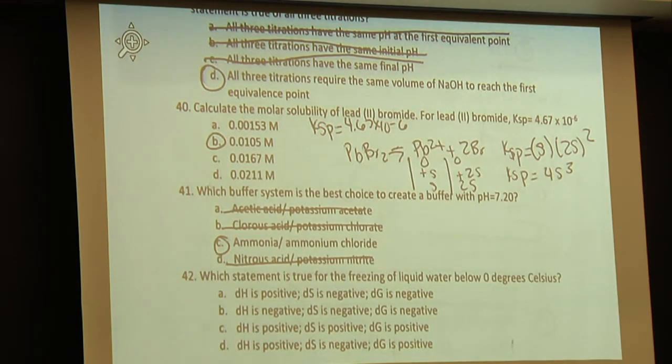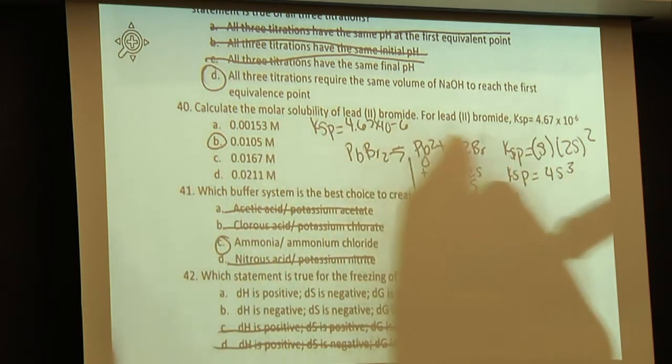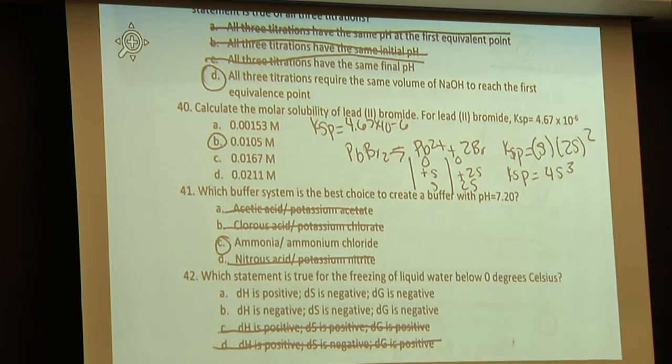All right, number 42. Which statement is true for the freezing of liquid water below 0 degrees Celsius? So does liquid water normally freeze below 0 degrees? Yes. So the delta G should be what? Negative. So you can go ahead and cross out C and D. Is freezing exothermic or endothermic?